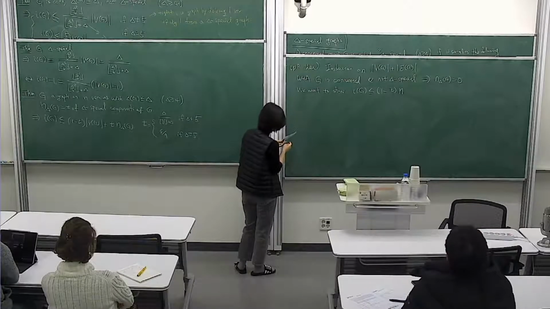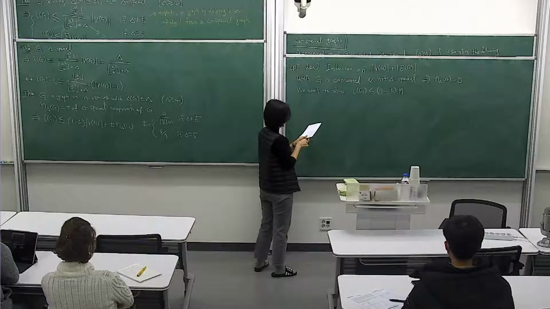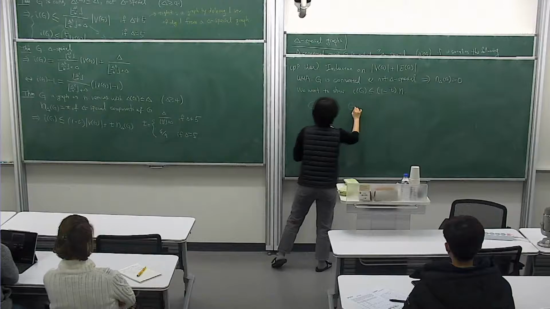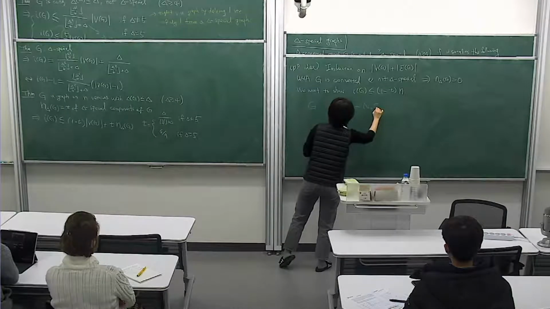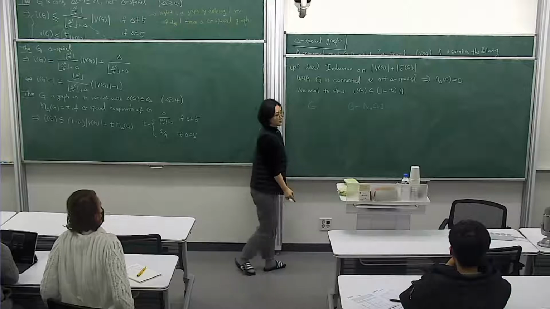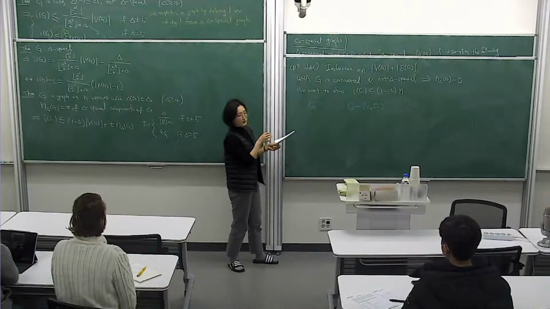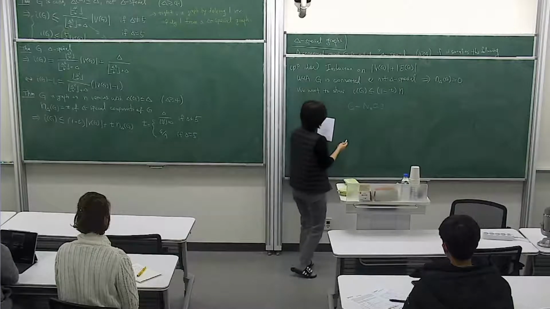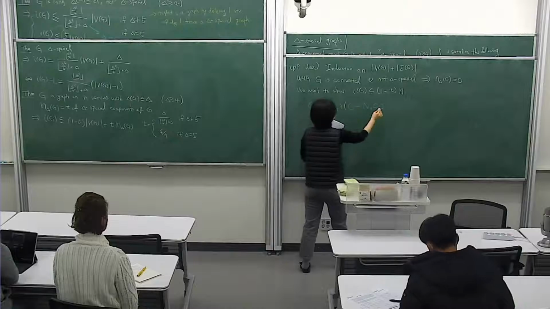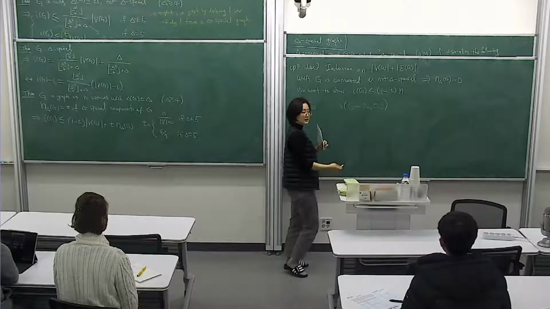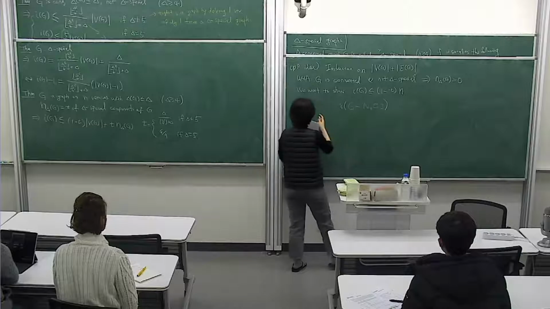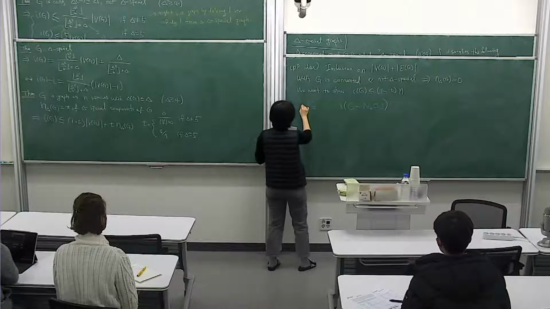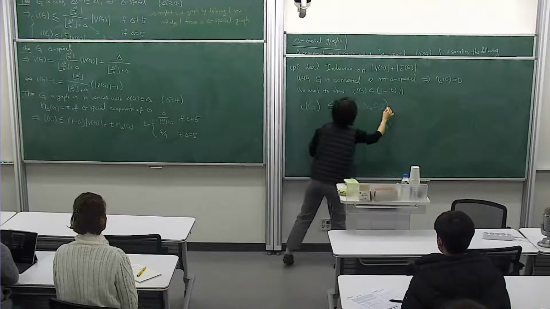Here we are going to use vertex deletion. Consider two graphs, G and G minus, for any vertex V, the graph obtained by deleting V and the neighbors of V. If we take an independent dominating set of this graph and add vertex V, this gives an independent dominating set of G. So this number is bounded by this number plus 1.